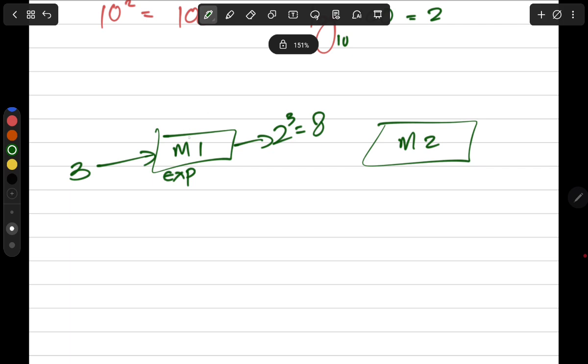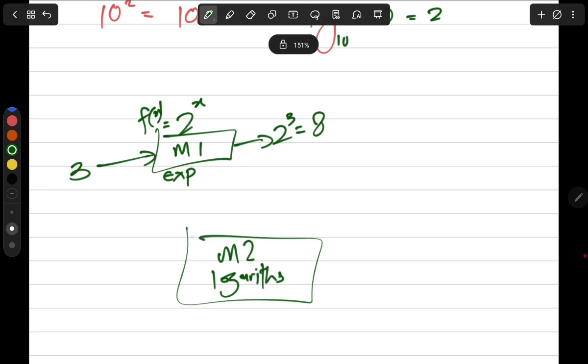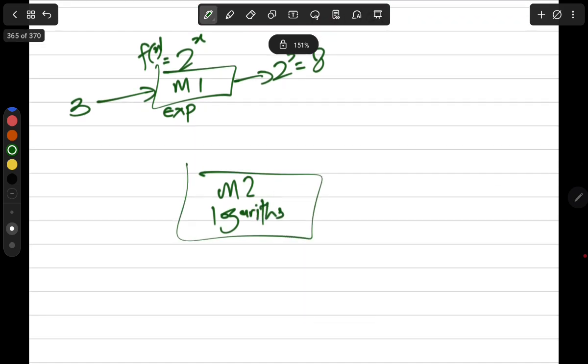So this machine is 2 to the power x, so this is the function f(x) is equal to 2 to the power x. Now machine 2 is logarithm. So this is the inverse machine of machine 1. If I input 8, it reverses the process and produces an output of 3.